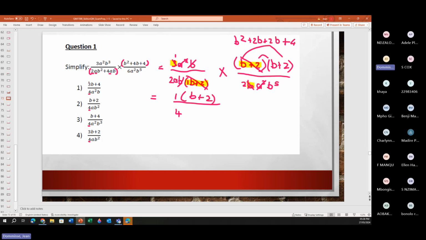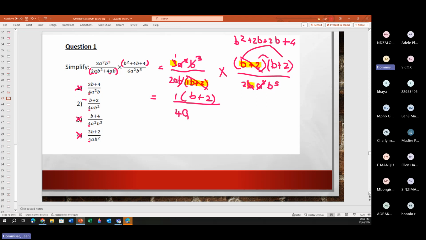Okay, so now we can check b plus 2, b plus 4, no, 3b plus 4, no, 3b plus 2, no. And what's left at the bottom, we said it's the 4. Then there's a. Okay, sorry, that should have been b to the power of 3.